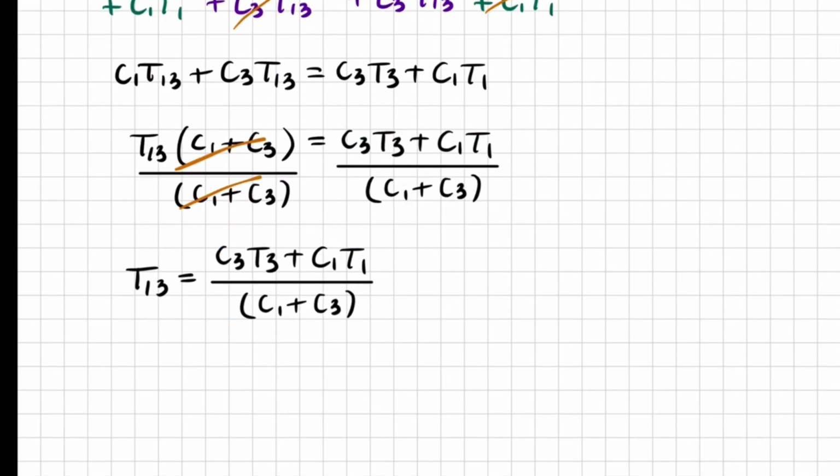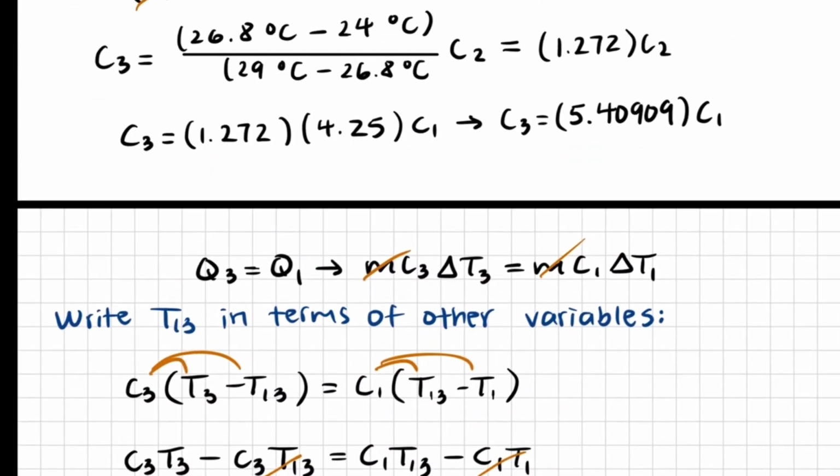So what do we do with that? Don't forget what we derived in the first two steps. Now we can use it because we know what C3 is in terms of C1. Right here, we know this, so let's use it to our advantage.